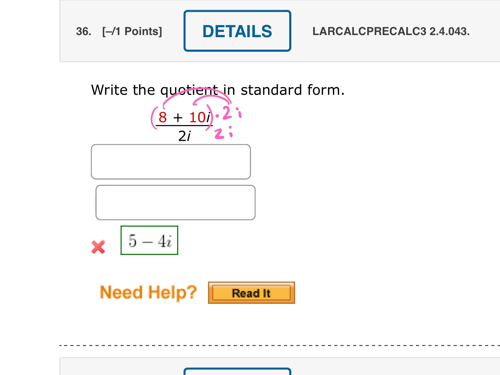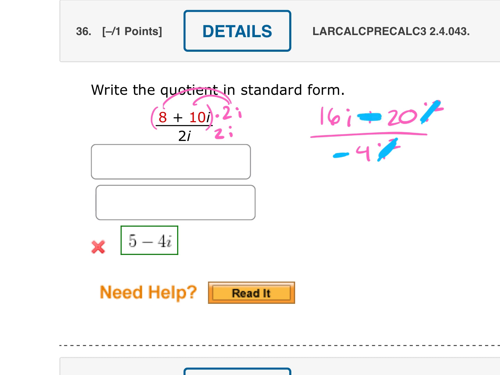We can distribute up top. We get 16i plus 20i squared over 4i squared. i squared changes to be what? Negative 1, so that would be negative 4, and then we can change this to be negative 20.